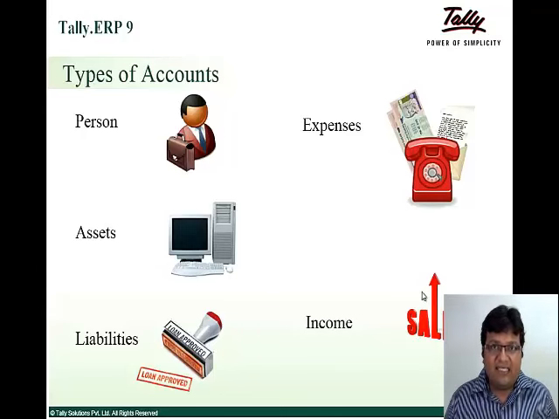All these are assets using which the business operates. Liabilities. Generally, the accounts to which I need to pay at a later date is a liability for me. Salary payables to employees, which we have not paid, we are supposed to pay in the next month or a quarter. Those are liabilities for me.